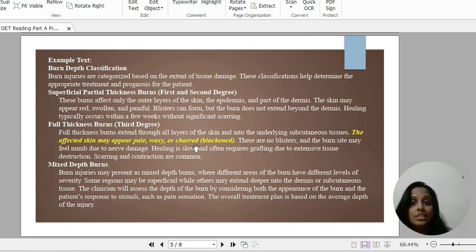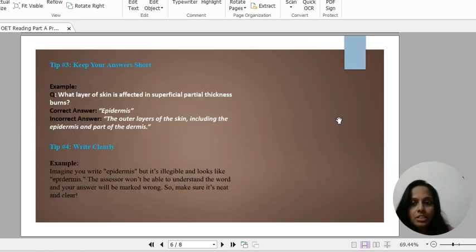Suppose you write the skin may look pale or blackened, that's an incorrect answer. Even though the content is the same, it's an incorrect answer, because the correct answer should be an exact copy of the text, while the incorrect one omits important details and uses alternate wording. So never do that.